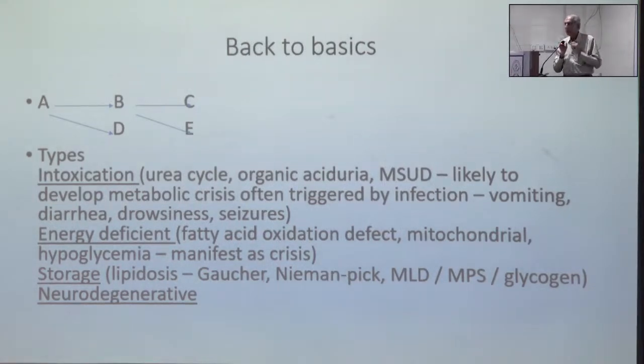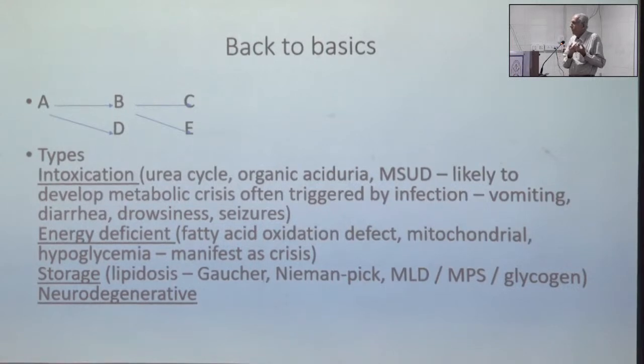What about the types? There are different ways of discussing types. One could say, is it protein, is it carbohydrate, lipids, vitamins, minerals? But that doesn't help a clinician. This kind of a thing helps the clinician. Is it intoxicating? What does it mean? That abnormal metabolite is very toxic.